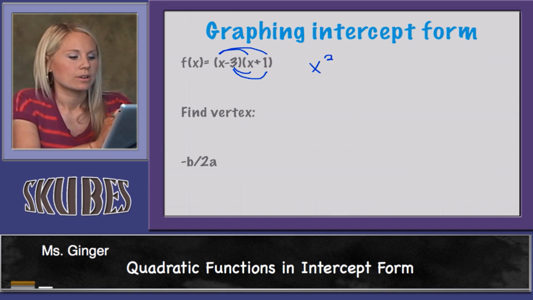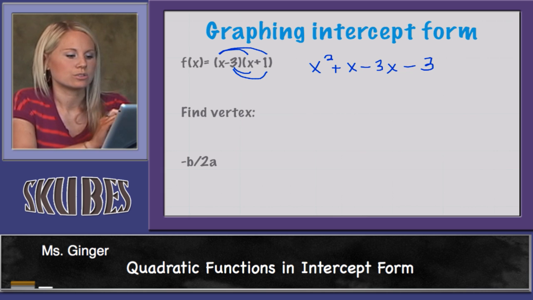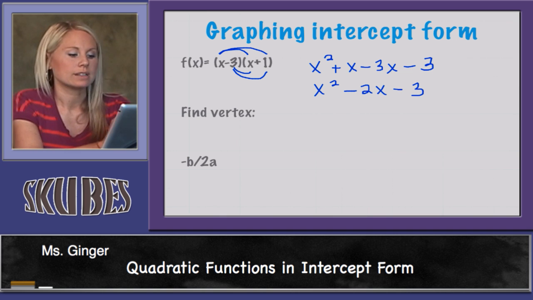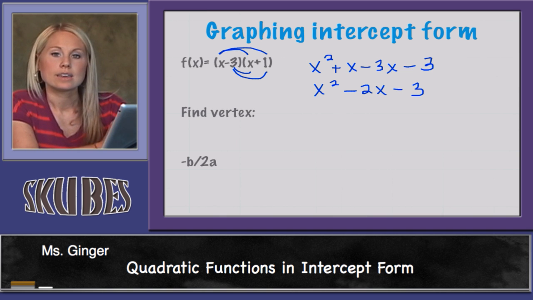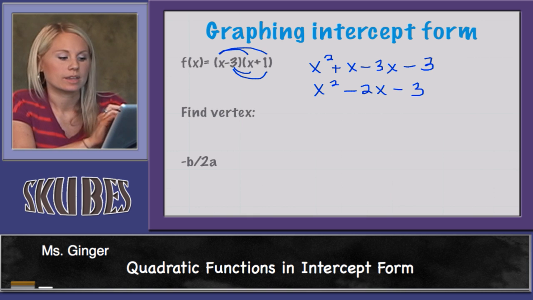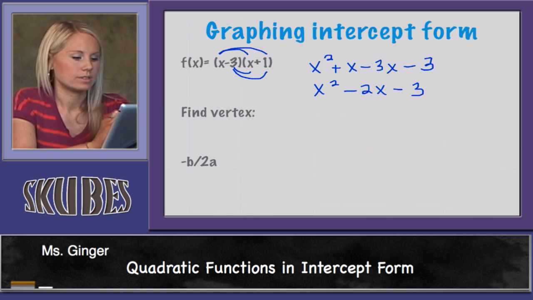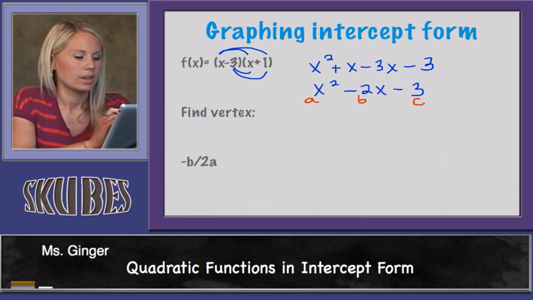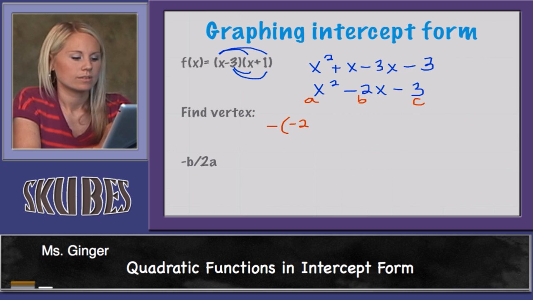So if we had x squared plus x minus 3x minus 3, this is using the FOIL method, x squared minus 2x minus 3, what we can do to find the vertex is take the -b value over 2 times a. We have in standard form our a and our b and our c in order here. So I'm going to take -b, my b is -2, so -2 over 2 times a.